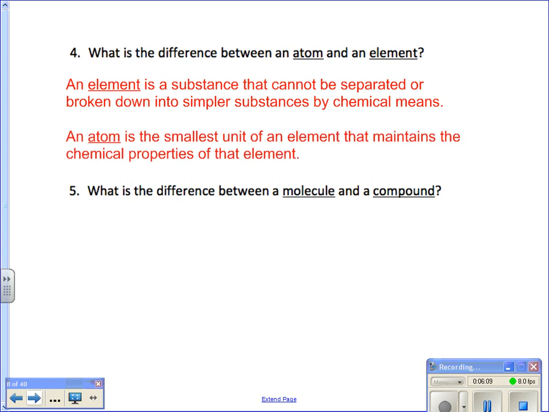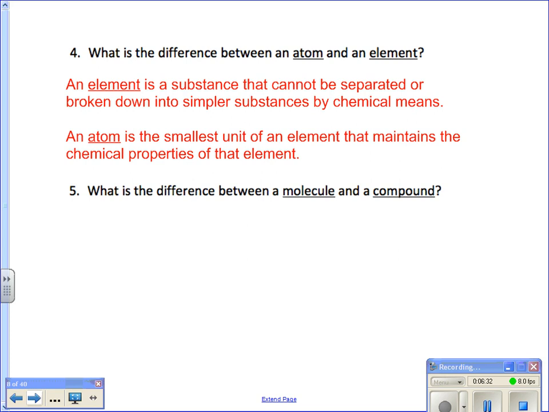An atom is the smallest unit of an element that maintains the chemical properties of that element. Such as an atom of gold will maintain the sparkle and yellow color of that metal we know as gold. As soon as you break apart the gold atom, you no longer will see that chemical property of shiny metal and yellow in color.